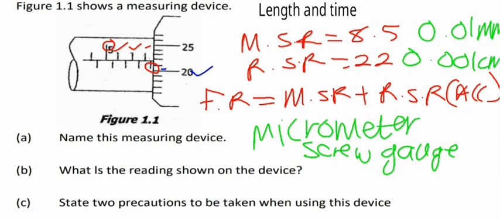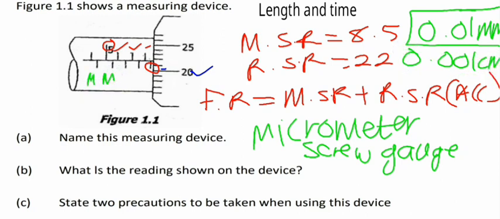Now in this case here, we haven't been given the units to use. In most cases they include something like, if they say millimeters, it means when you're taking the readings here, you need to use the accuracy of the micrometer screw gauge in millimeters. And if they include centimeters, you need to use this accuracy here.